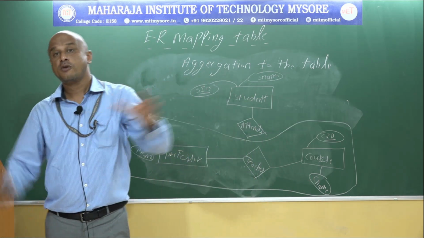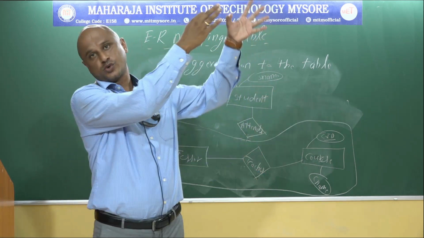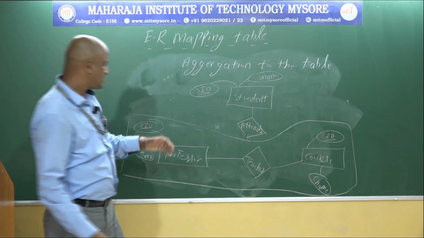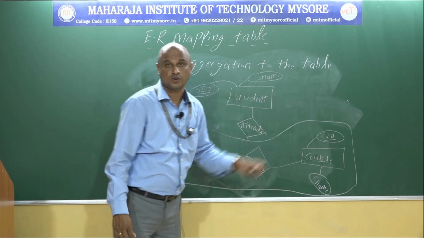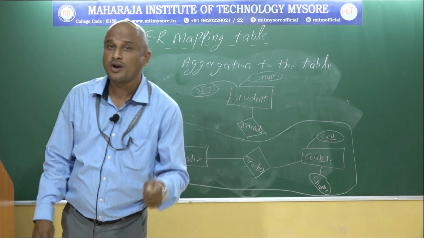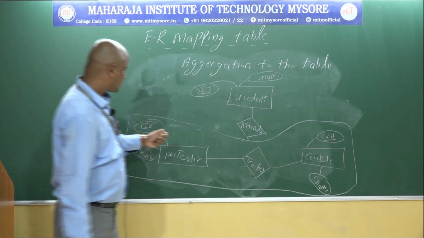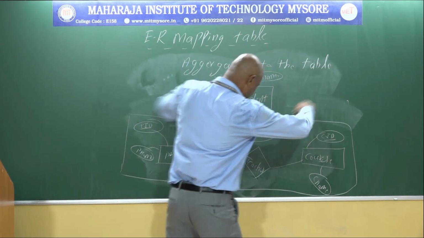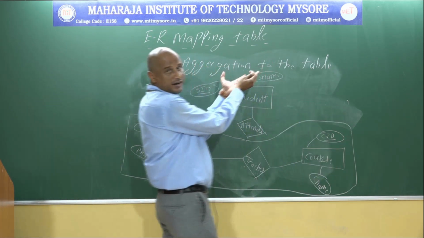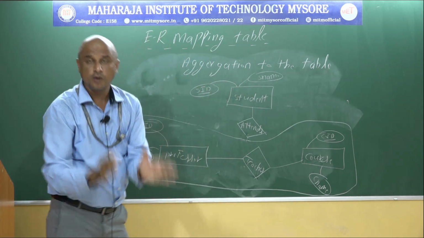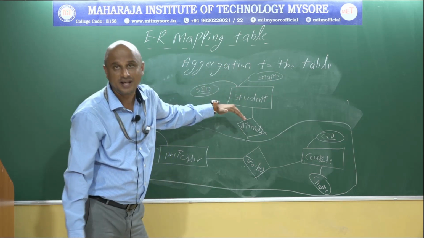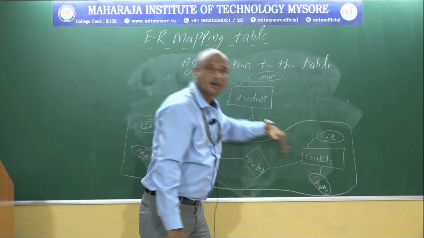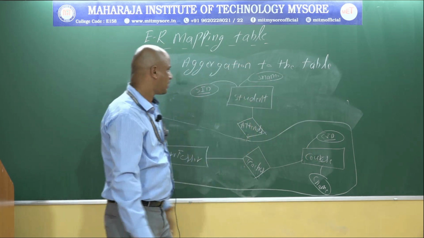Professor teaches courses, and both are needed by the student. So I aggregate professor and course into one, and made an attends relationship by student. Student requires both professor and course. That's why I made an aggregation of professor and course for a student, okay?